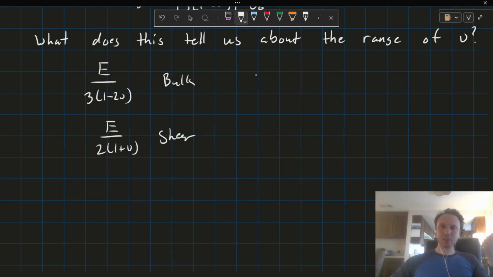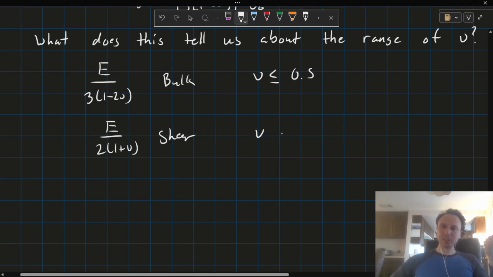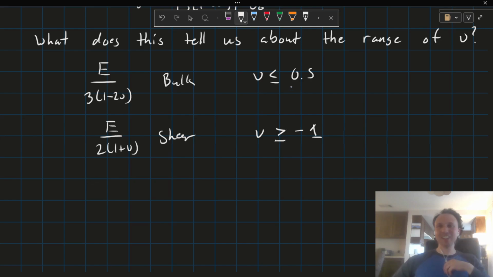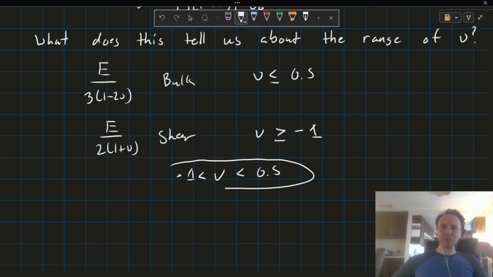And so this one tells us that nu needs to be less than or equal to 0.5. And this one says that nu is greater than or equal to -1. Can it be? Yeah. So -1 is less than nu is less than 0.5. So these are where the ranges on nu come from.